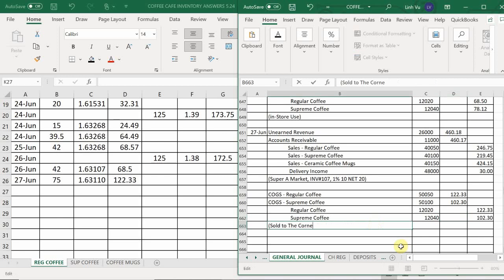Oh yeah, we need to fix our description too. Super A market. Invoice 107.